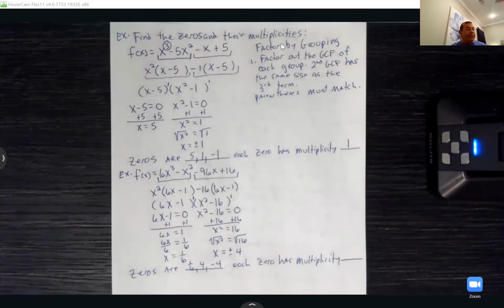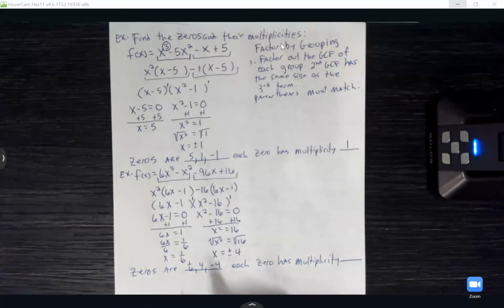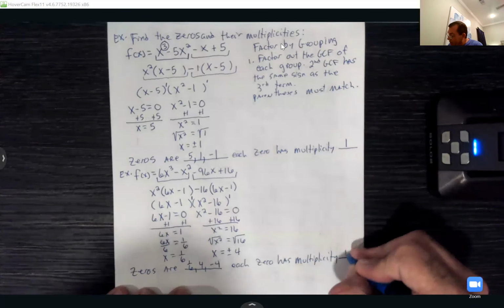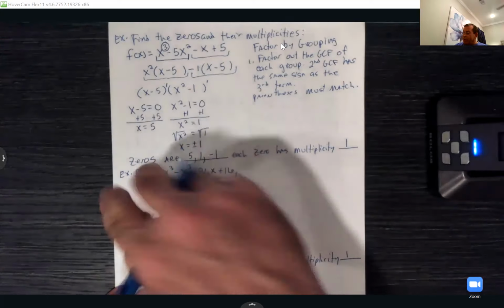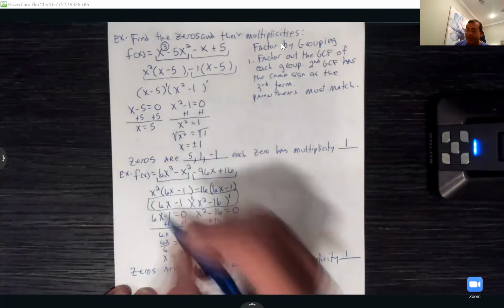All righty. And then each 0 has a multiplicity of 3? 1. 1. Or 1. Yeah, y'all told me 1's on those, so remember, don't go back to your polynomial, just play with the multiplicities when you get them factored out, okay?